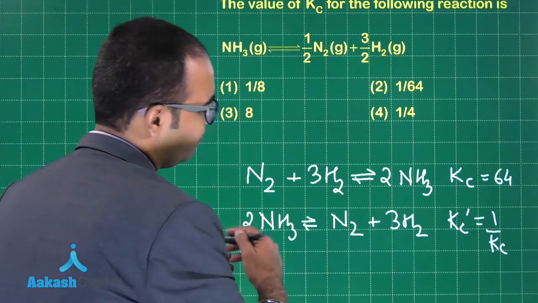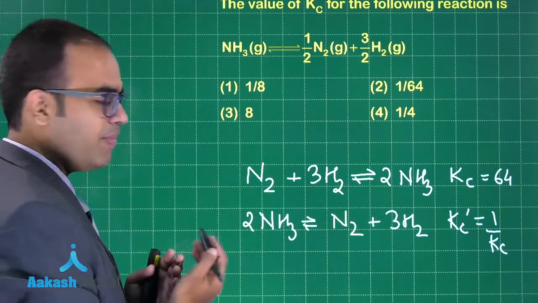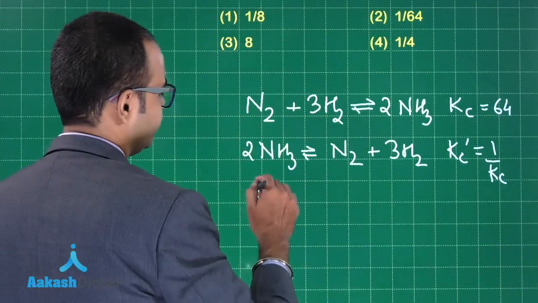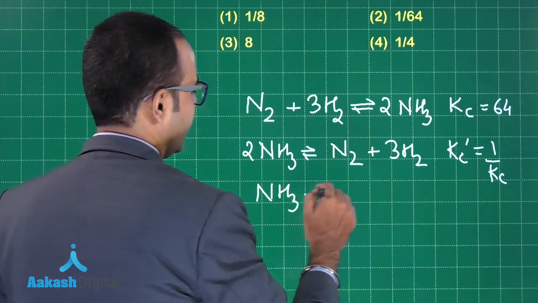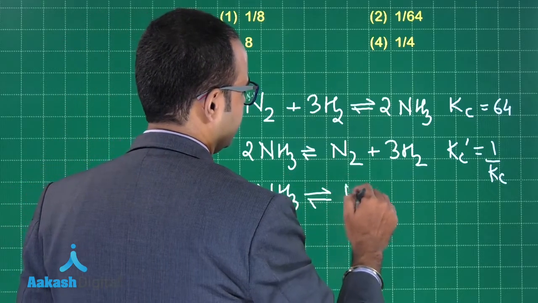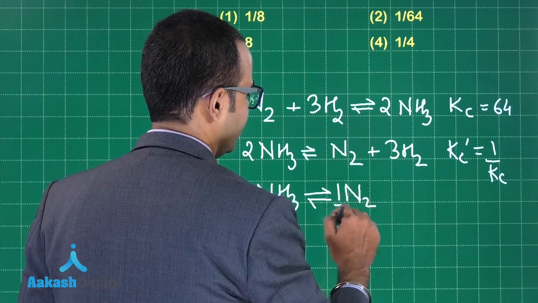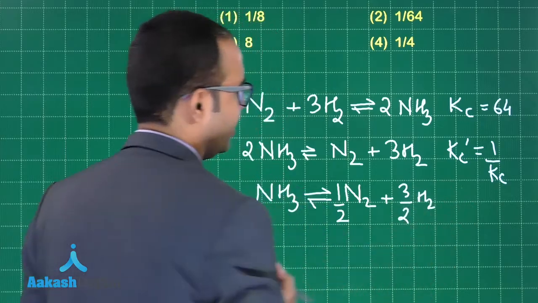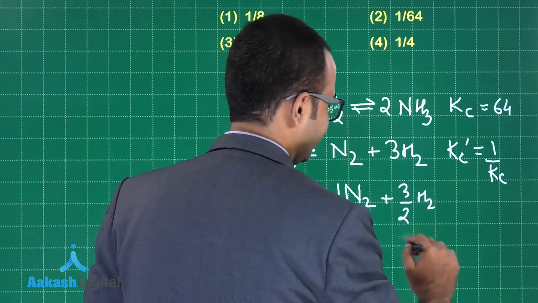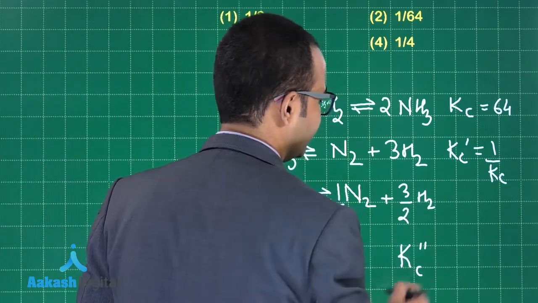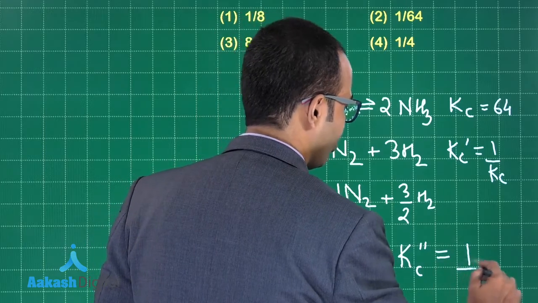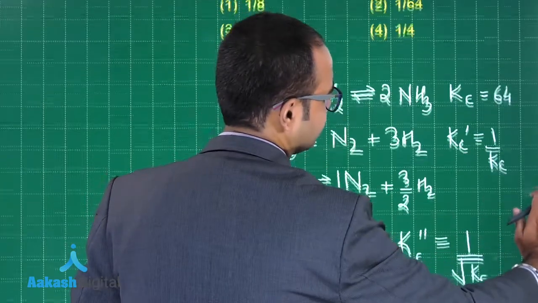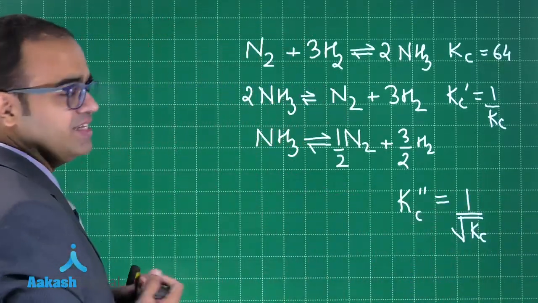Now what? Divide this equation throughout by 2. So as I divide this equation by 2, what will I get? NH3 giving you half N2 plus 3 by 2 H2. So what will be the new Kc over here? That will be 1 upon square root of Kc, isn't it, guys?